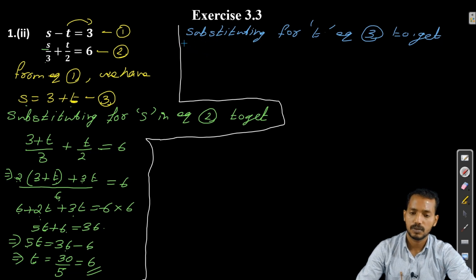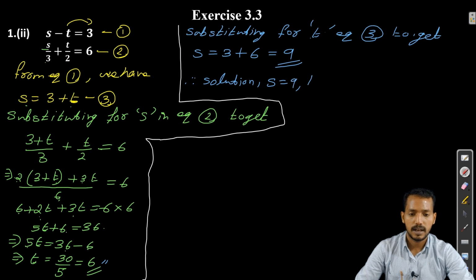So we get s equal to 3 plus, what is the value of t? Here we got 6, am I right? 6, which is equal to 9. So the solution is, therefore, s equal to 9 and t is equal to 6.